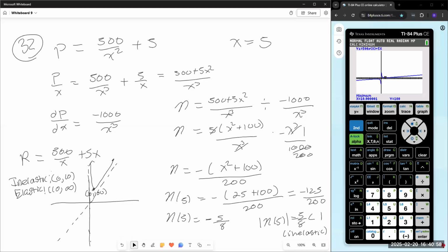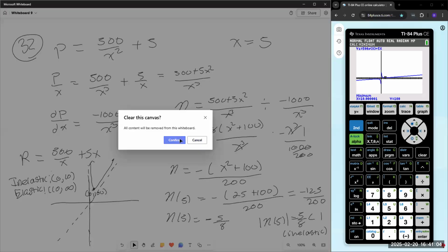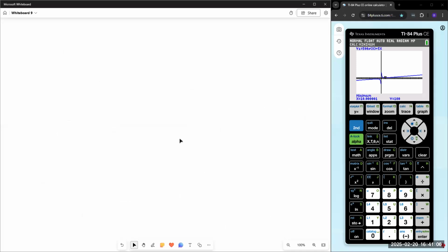Let's move on to number 33. Number 33 gives us a demand function of P is equal to 20 minus 0.02x.